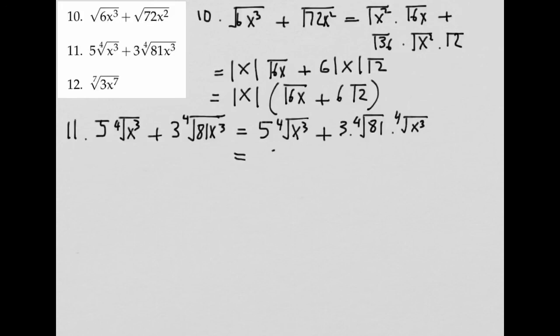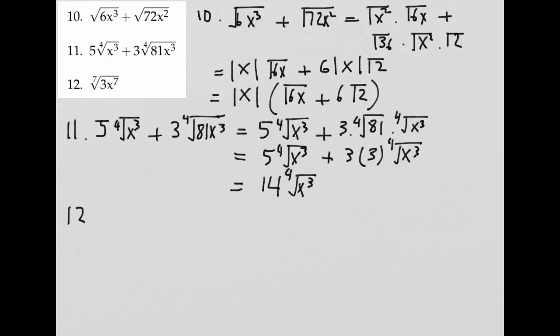That's equal to 5 times the 4th root of x cubed plus 3 times the 4th root of 81, which is equal to 3, because 81 is 3 to the power 4, times the 4th root of x cubed. We have 5 times the 4th root of x cubed plus 9 times the 4th root of x cubed, when combined, give us 14 times the 4th root of x cubed.